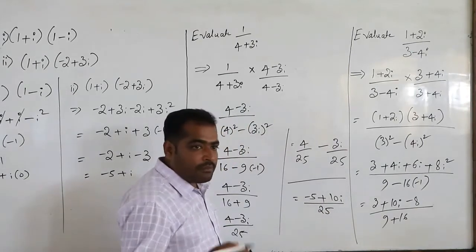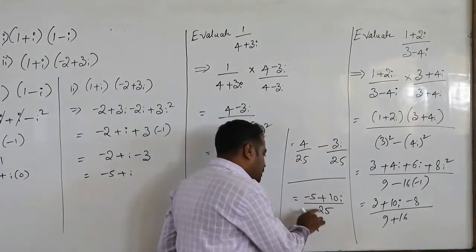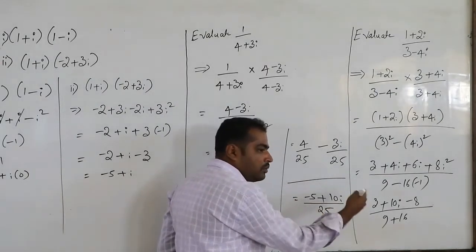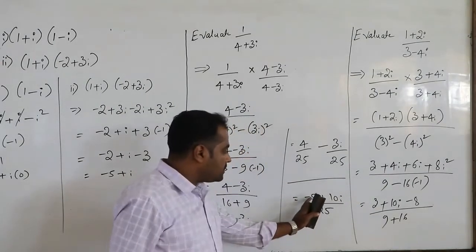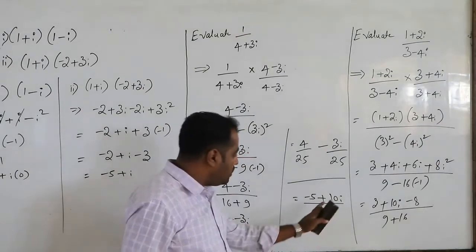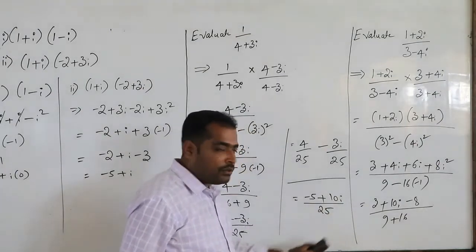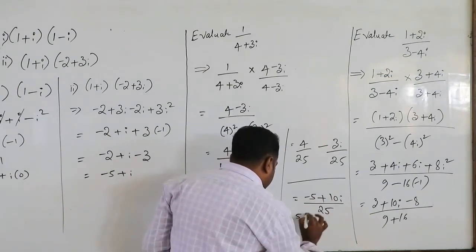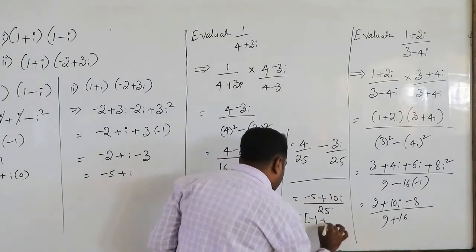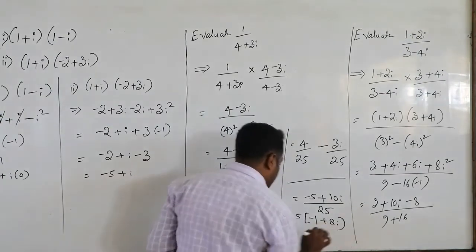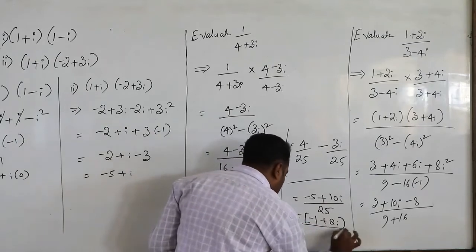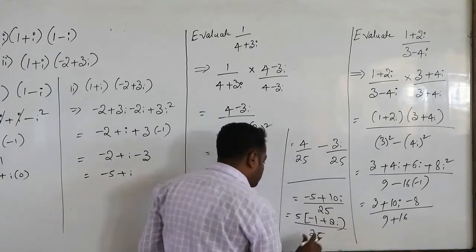In the form of a plus ib: minus 5 by 25 one term and 10 by 25 one term. A value minus 5 by 25 and b value 10 divided by 25, or 5 is common here, 5 outside: minus 1 plus 2 times i, again 5 into 1, 5, 5 into 2, 10, whole divided by 25.